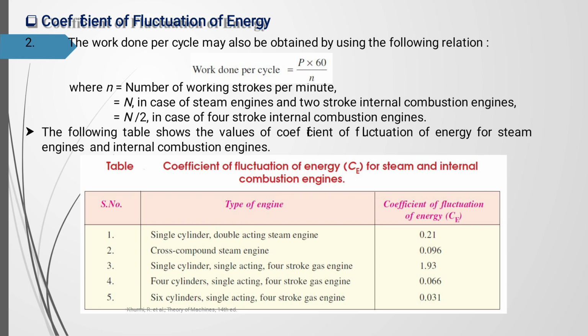This is very important for turning moment diagrams, but all these applications are related to the flywheel. So we need to study the flywheel. Next we move on to the important topic of flywheel.